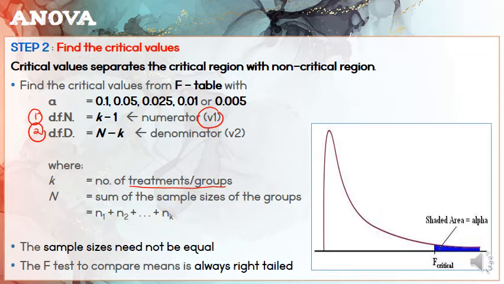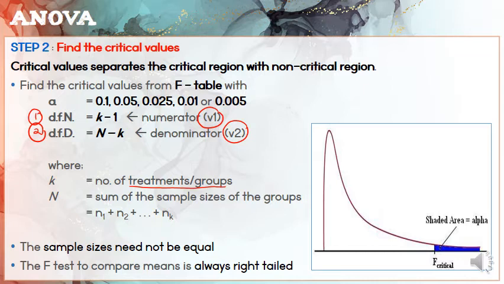Degree of freedom for denominator is N minus K, denoted as V2 in F table. So what is capital N? Capital N is the sum of the sample size for each group.